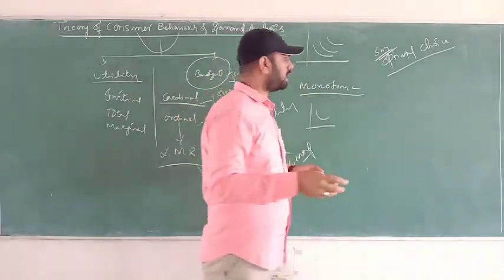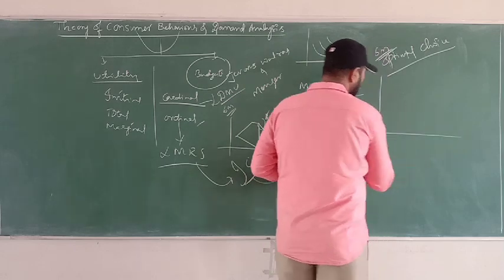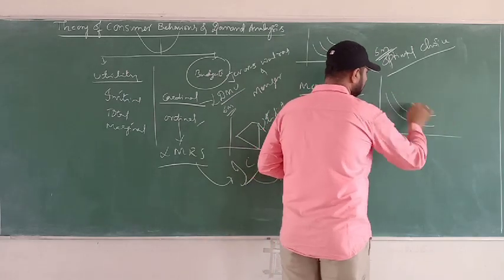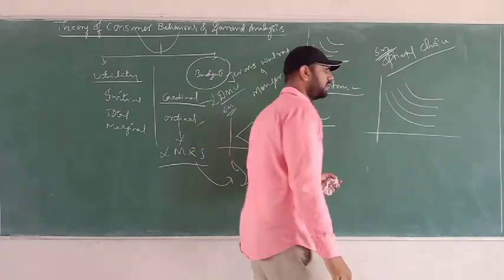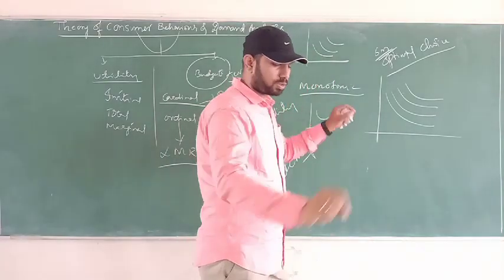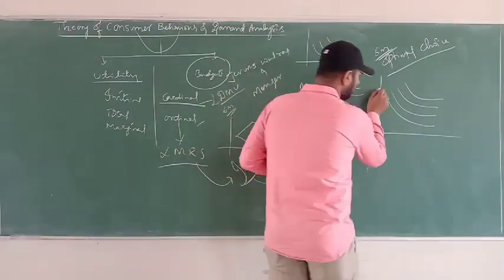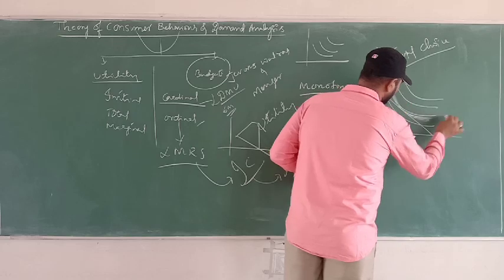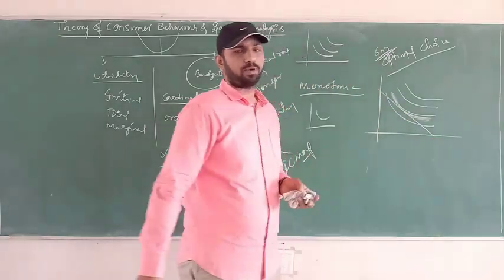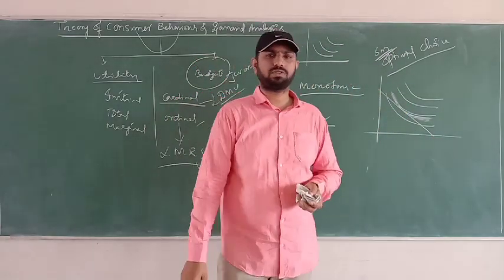For that, you need to go by the optimal choice of a consumer, where n number of indifference curves will be there, which we call monotonic preferences, and you have to draw a budget line, which is exactly tangent to one of the curves.